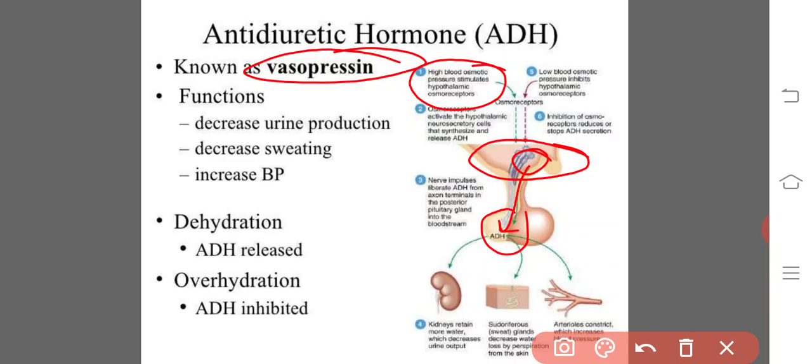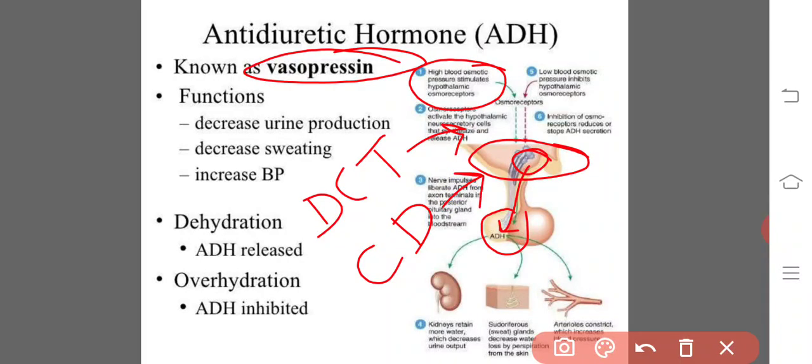The vasopressin acts upon the distal convoluted tubule and the collecting duct and enhances their permeability, and thereby they reabsorb more water. There is an enhancement of the concentration of the urine, and there is a saving of water.